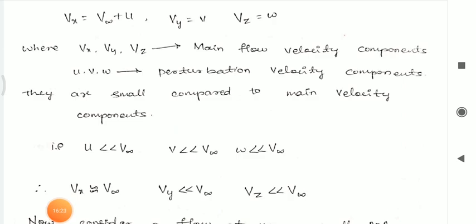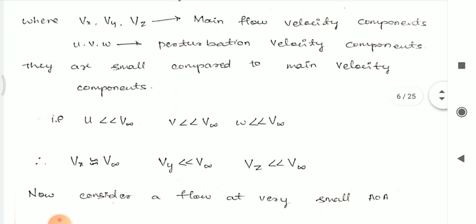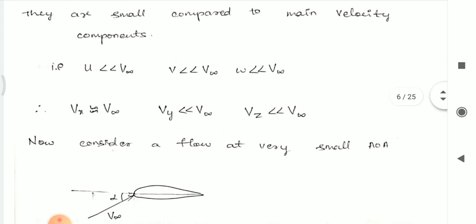Then u, the small perturbation velocity component, is very much less than V infinity. Similarly v is also very much less than V infinity, and w is also very much less than V infinity. And u is negligible, right? So Vx will become nearly equal to V infinity, and Vy is very much less than V infinity, and Vz is very much less than V infinity. These are the basic relations of perturbation theory.